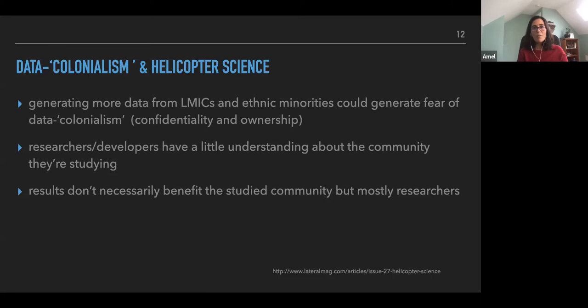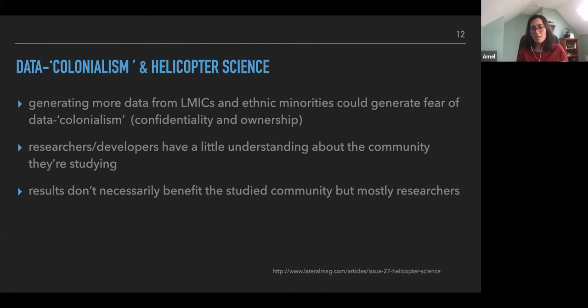And quite often when this data is taken away from their community, we talk a lot about helicopter science, where data is taken away, being analyzed and explored in other environments where we have access to more resources in terms of data science skills, but also in terms of computing resources.